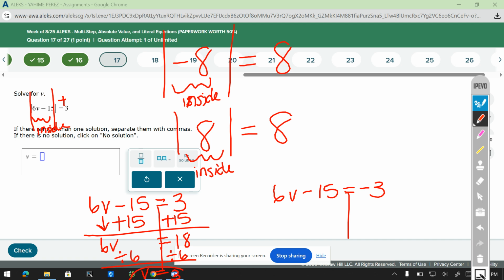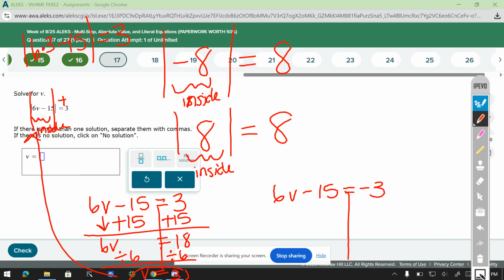That's one solution. Let's replace this 3 into the equation: 6 times 3 minus 15. 6 times 3 is 18, minus 15 is 3, and the absolute value of 3 is 3. Yes, that works.